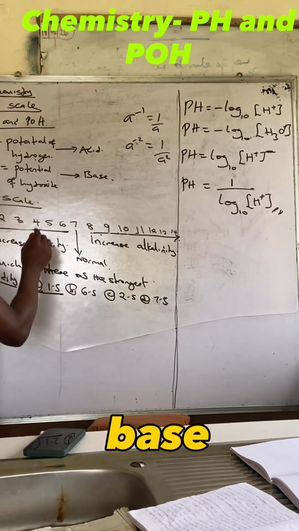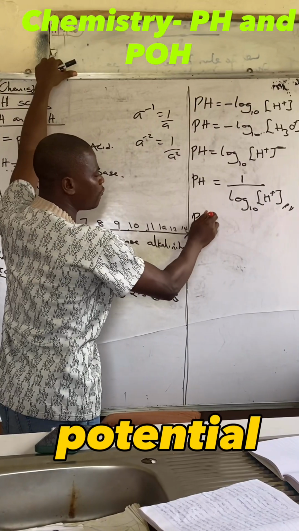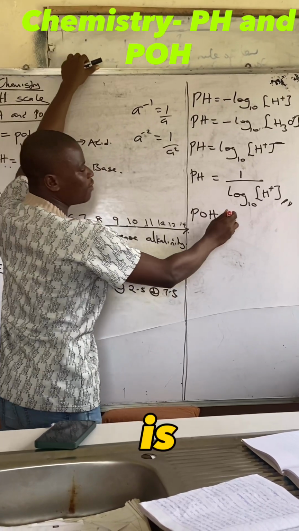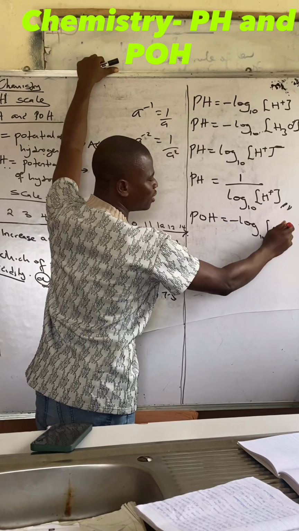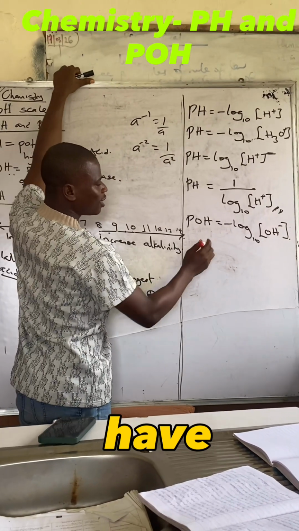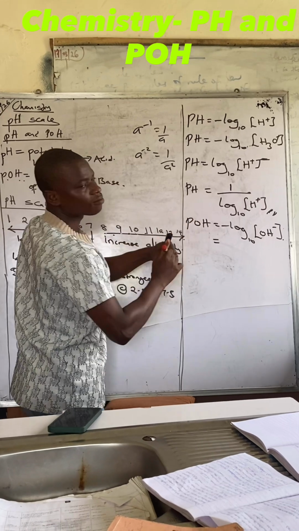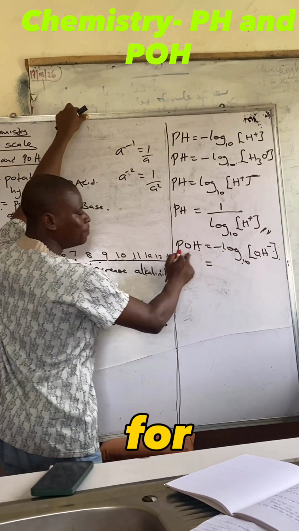So let's go to the base. pOH for the base now. So our potential of hydroxide has minus log 10. This one is OH, that is OH minus. Then we have something like this. pOH now, minus log 10 OH minus for the base.